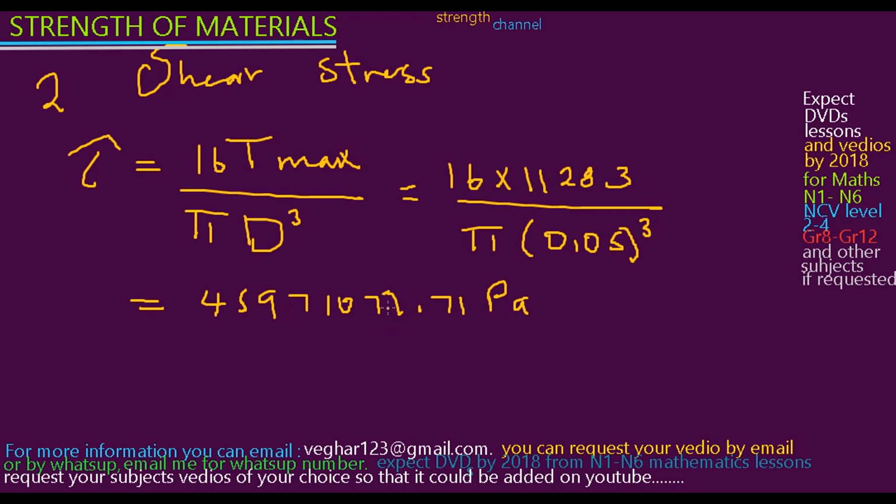So you'll have to go back 6 times, 1, 2, 3, 4, 5, 6, your comma will be here. You start from here, 1 2 3 4 5 6. You can convert it with a calculator, you'll see you'll get the same thing. So you'll have megapascal.